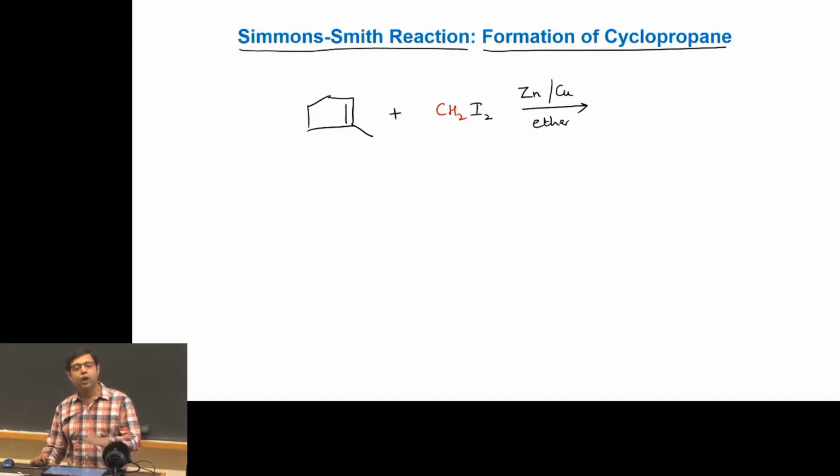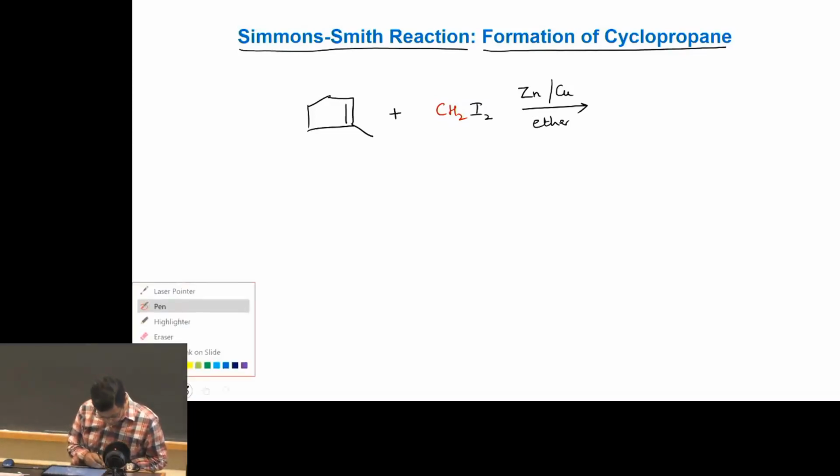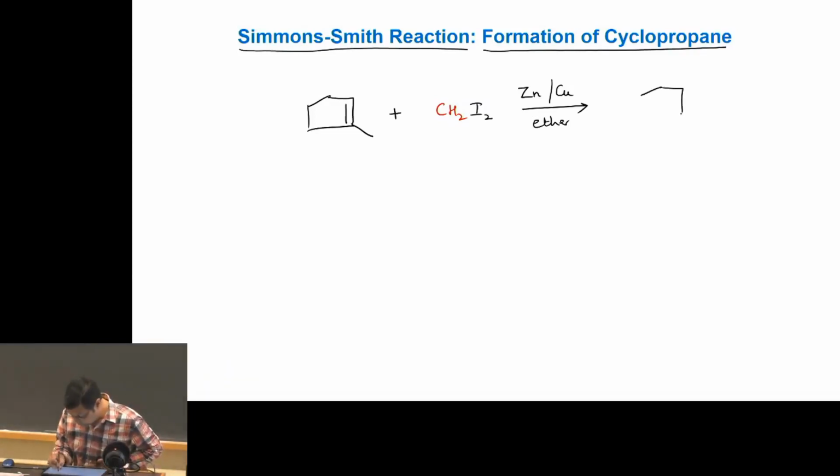Now you can form the cyclopropane ring from the top or from the bottom with equal probability. So let's write both the products. Let's say you form the cyclopropane ring from the top, which means the metal group will be at the bottom.